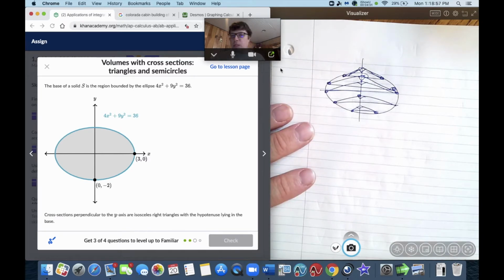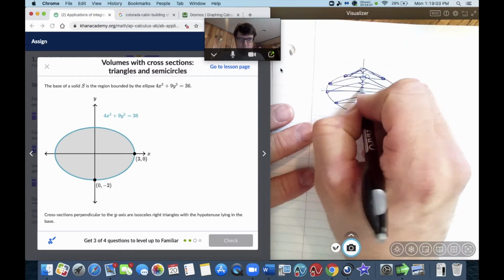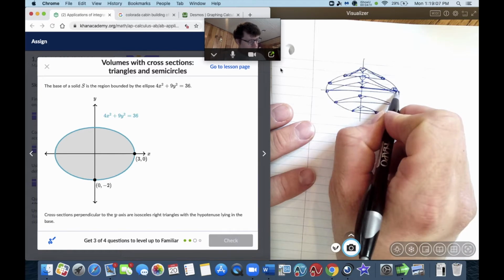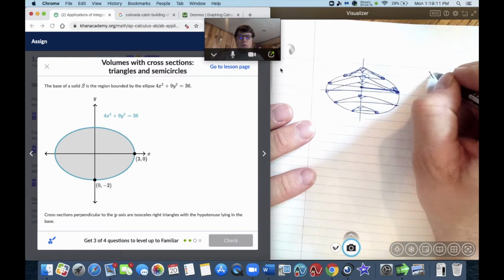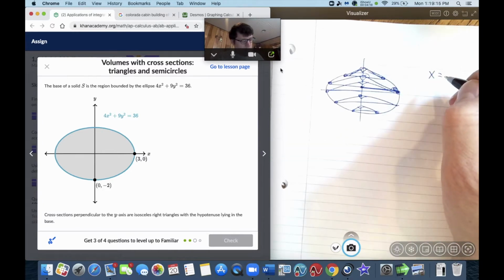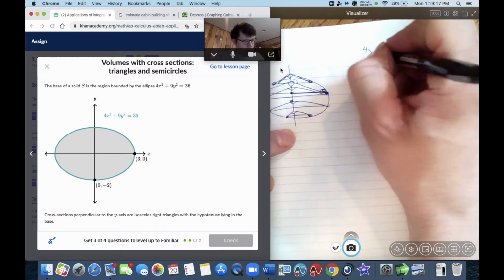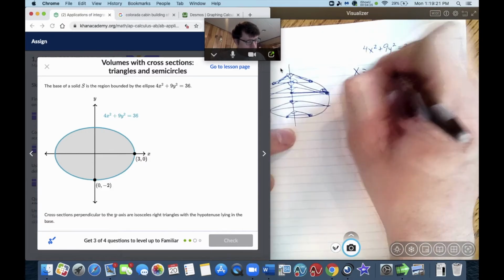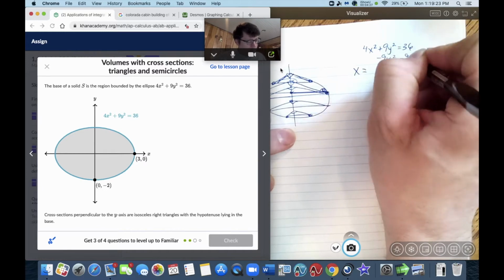Okay, so the distance from here out to the edge could be described as x equals, if I take the ellipse formula, 4x squared plus 9y squared equals 36, and I subtract 9y squared, divided by 4.